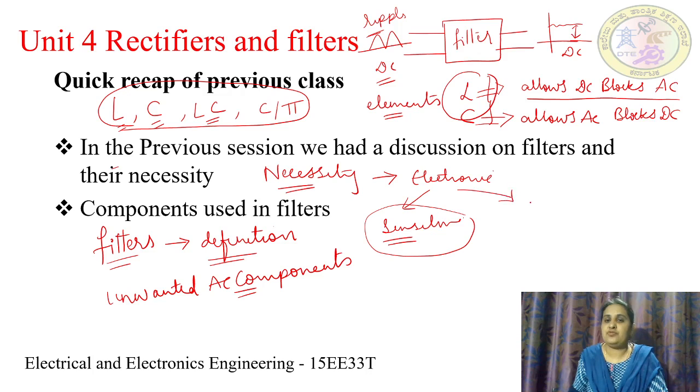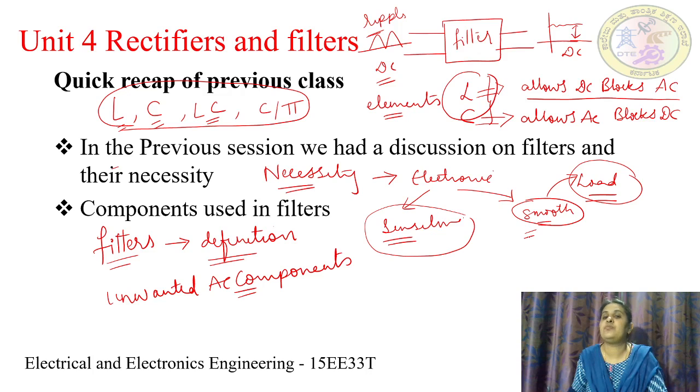The second reason is that we want a smooth DC at the output. Once we connect it to a load, the load will be sensitive to changes present at the input, which should not happen. We want no variation, a constant DC output. Hence, for this sake, we require filters.